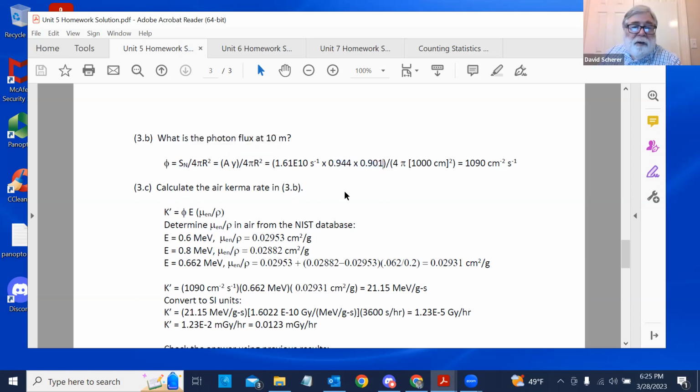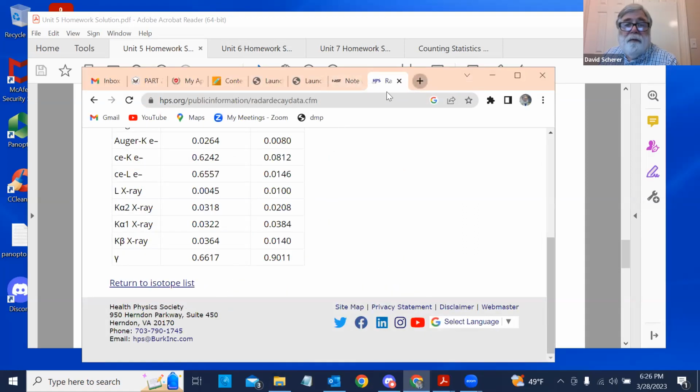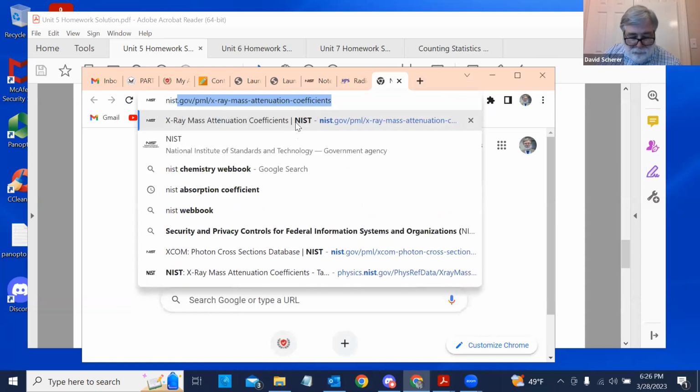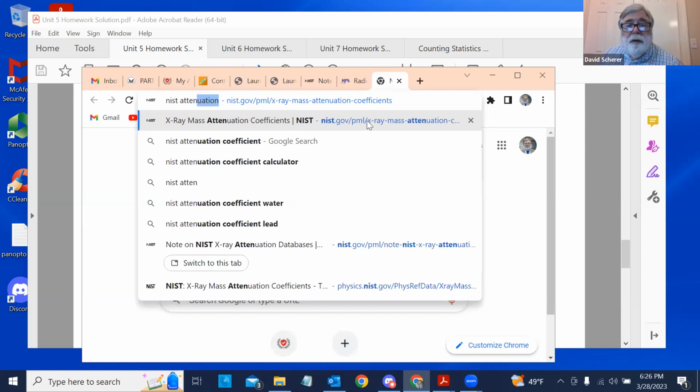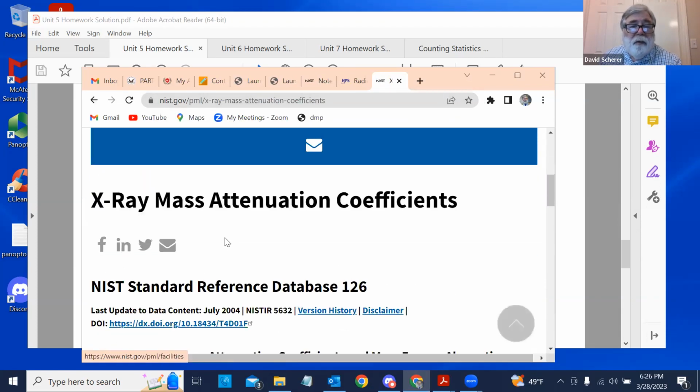Okay, calculate the air kerma rate. This is how some people did the previous problem. It's the flux that we just calculated times the mass energy absorption coefficient. I went to the database at NIST. I went here to NIST.